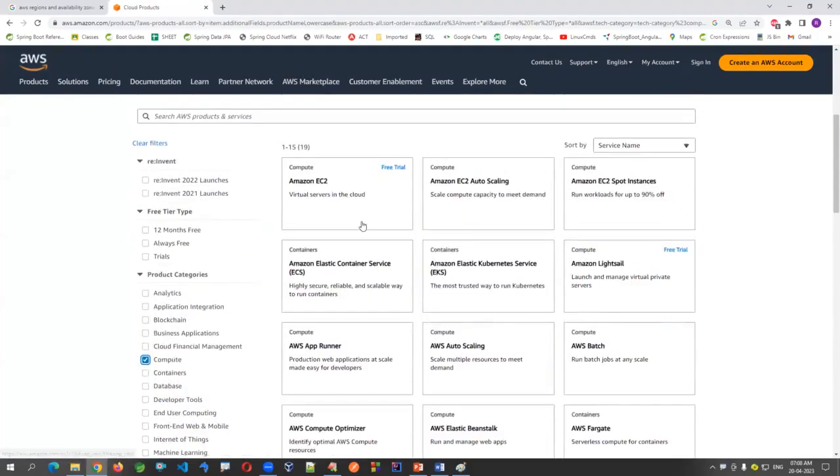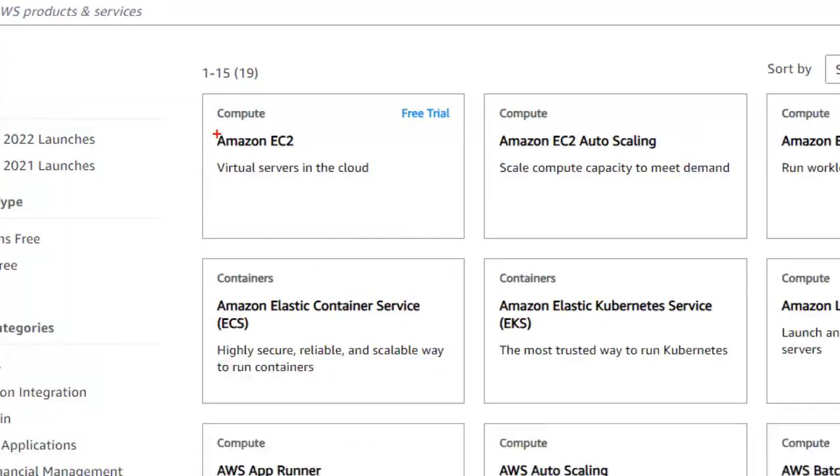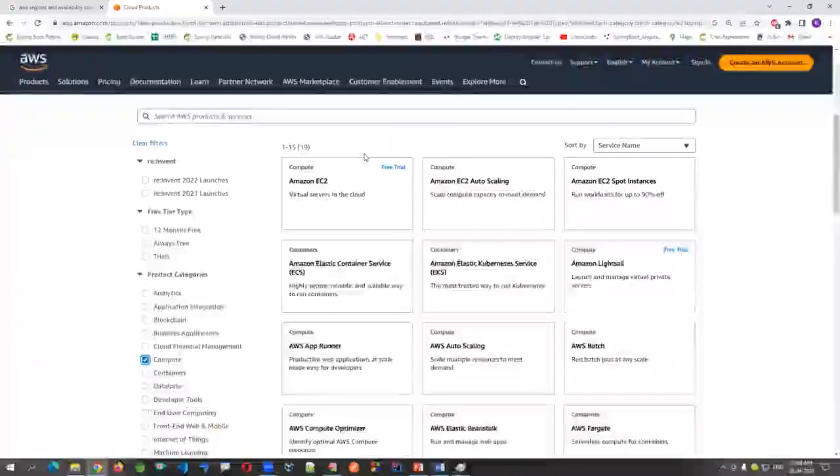Computing: you want a virtual machine in the cloud, for example a CentOS machine or a Windows Server machine, then we can use EC2. In simple terms, I want some physical configurations and also an OS installed.